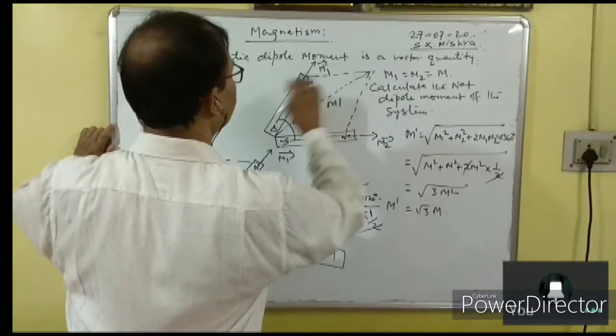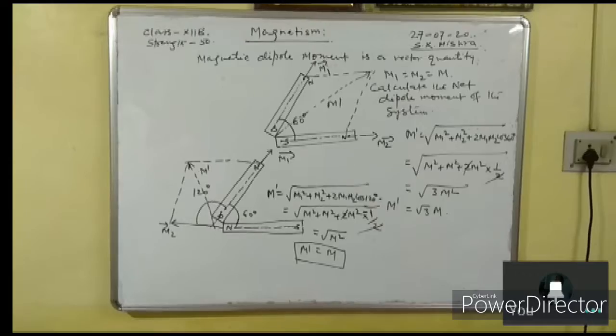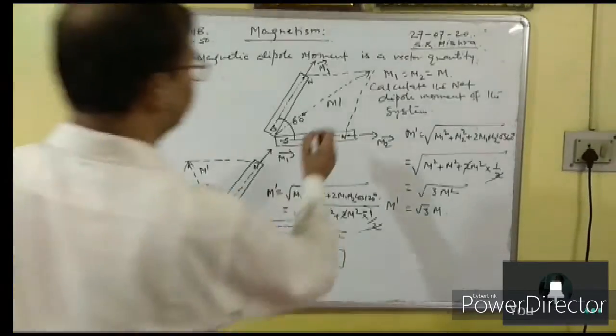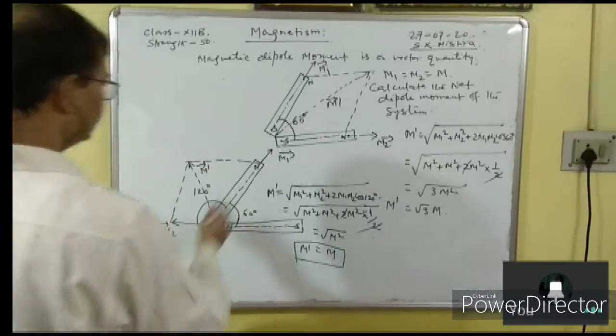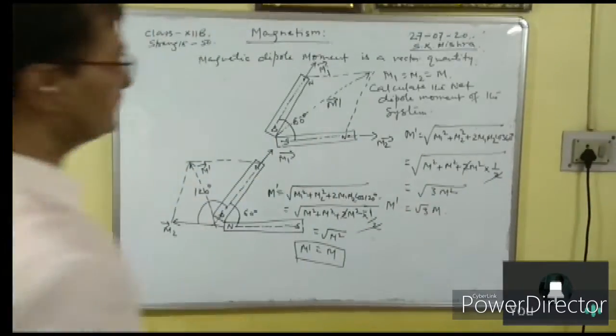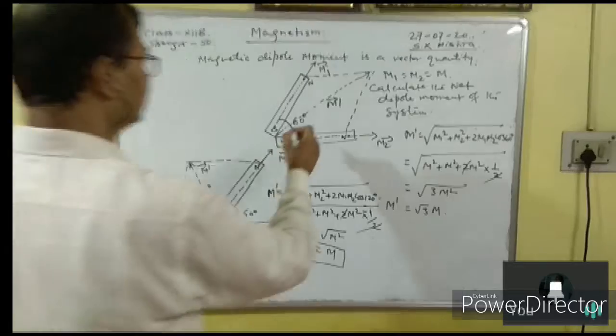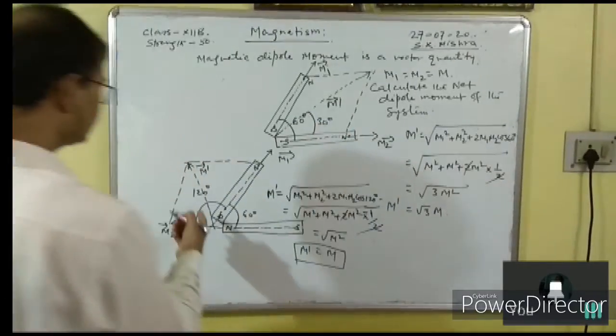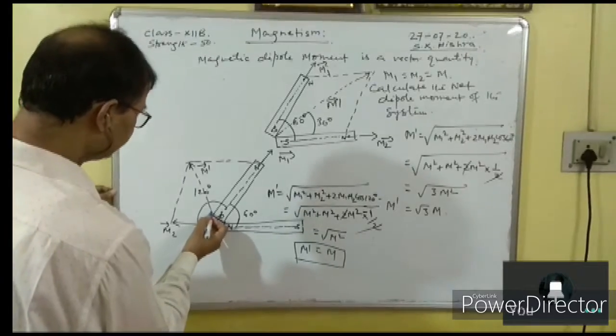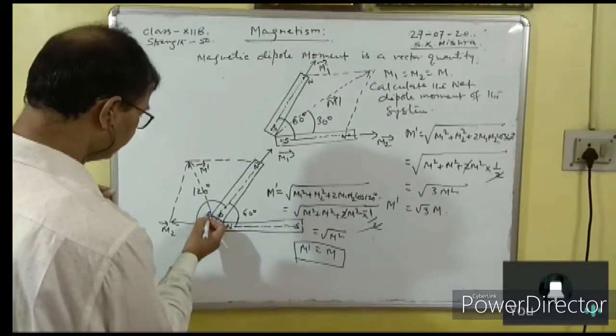120 degrees. Then the net dipole moment, if it is m dash, then m dash is under root m1 square plus m2 square plus 2m1m2 into cos how much? 120 degrees.